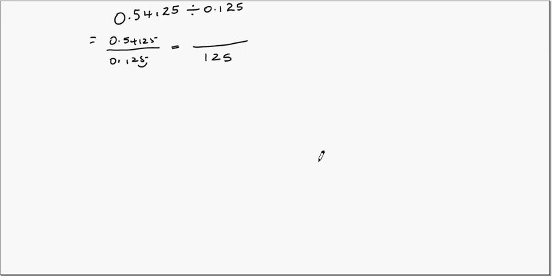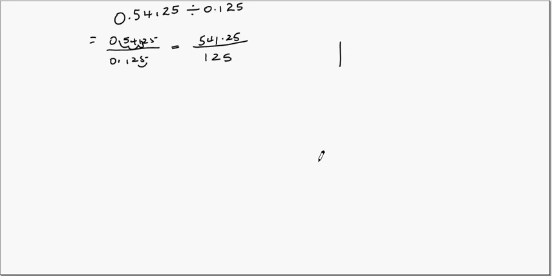We also have to do that on the numerator as well. Okay, so this will become 1, 2, 3. So that will become 541.25. Right? That's what we have to work on. 541.25 divided by 125. How do we do this now?